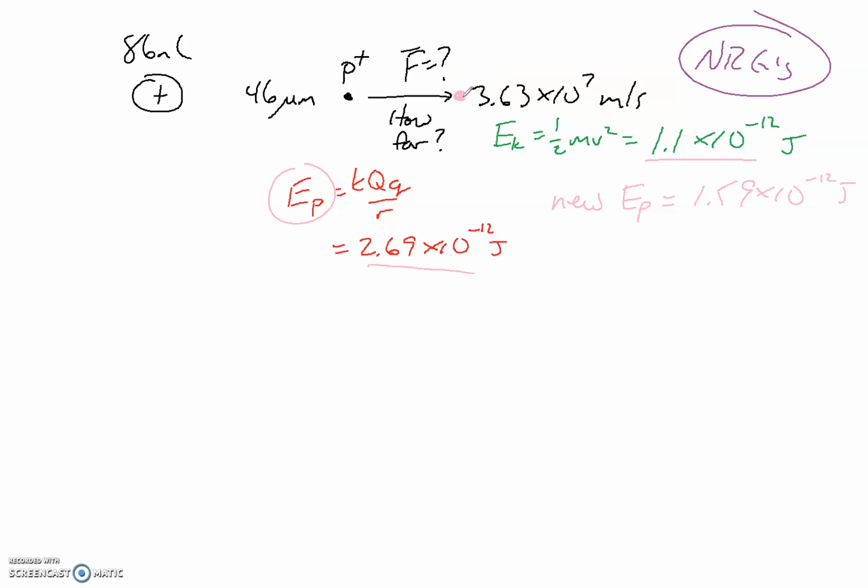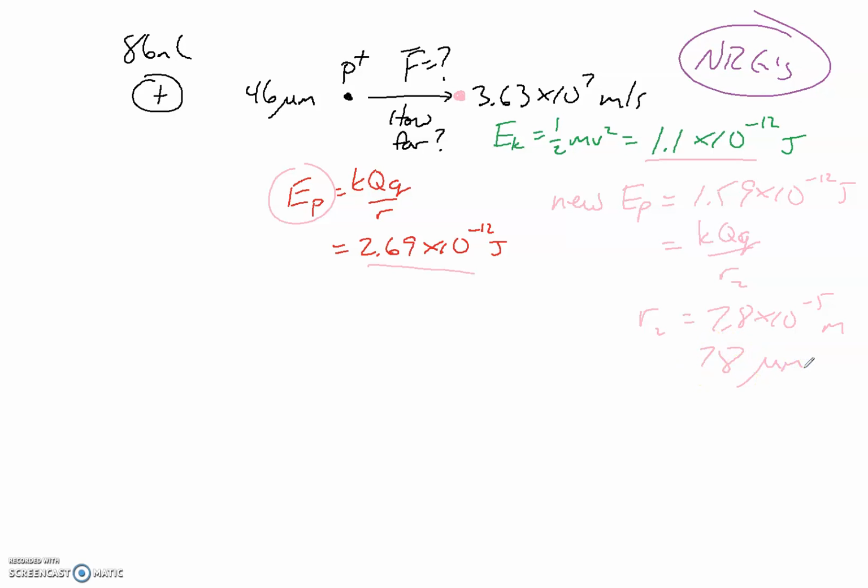All right, well, now that I have the new potential energy, I can find the new radius, because that's just equal to k q q over radius 2. Then we can use that to solve for our second radius. If we solve for that, it should be about 7.8 times 10 to the negative 5 meters, or like 78 micrometers.